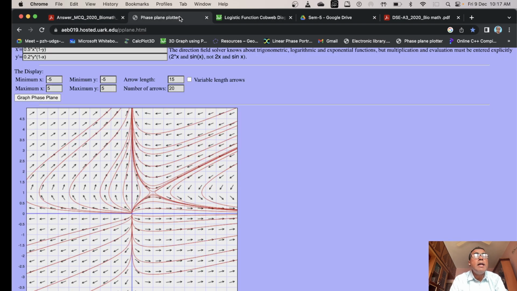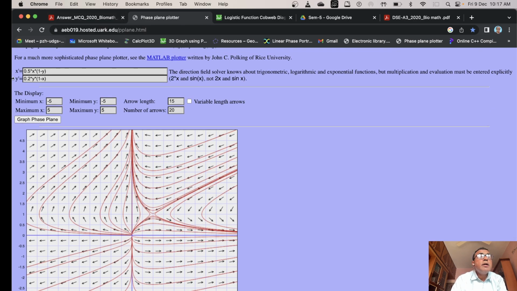If we take the help of the phase plane plotter, we take the value of r equal to 0.5, a positive value, and m equal to 0.2, say. Then x dash equals 0.5 times x times (1 minus y), and y dash equals 0.2 times y times (1 minus x).